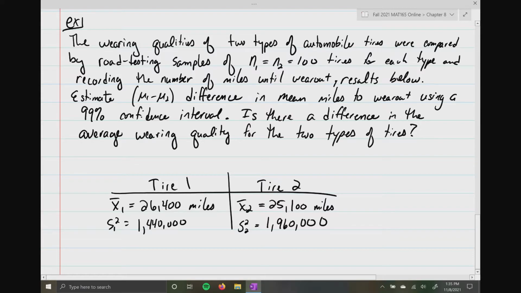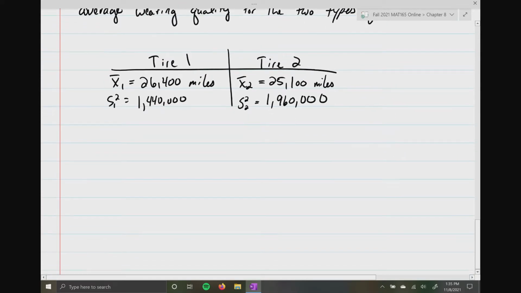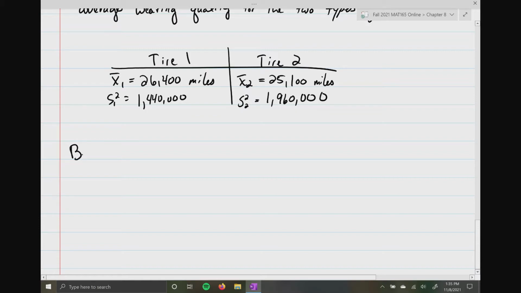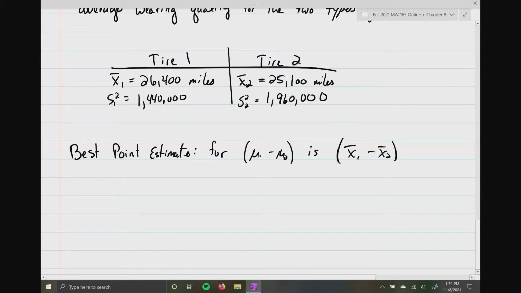So the first thing we want to do, anytime you create a confidence interval, is let's go ahead and find our best point estimate. Now we know the best point estimate, in this case for mu1 minus mu2, is going to be x bar 1 minus x bar 2.